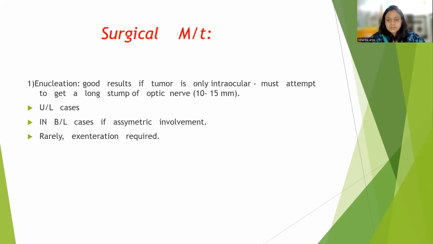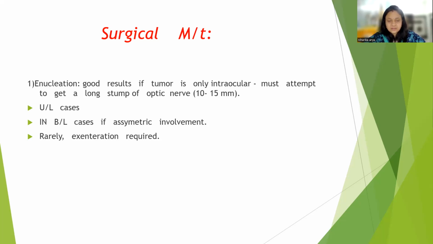Because there are chances of some seeds of the retinoblastoma being present in the nerve. If the optic nerve is not removed, there will be chances of orbital recurrence of the retinoblastoma.